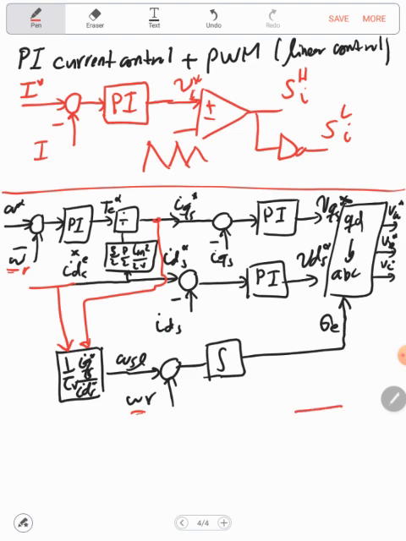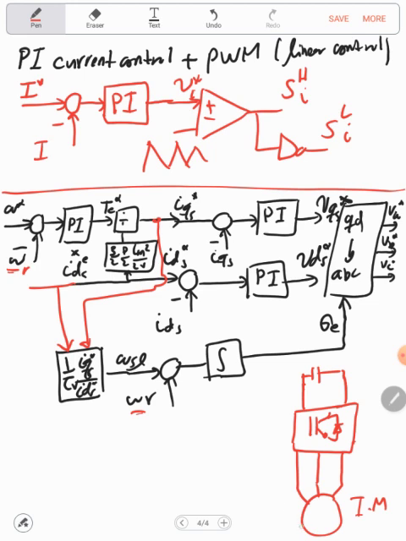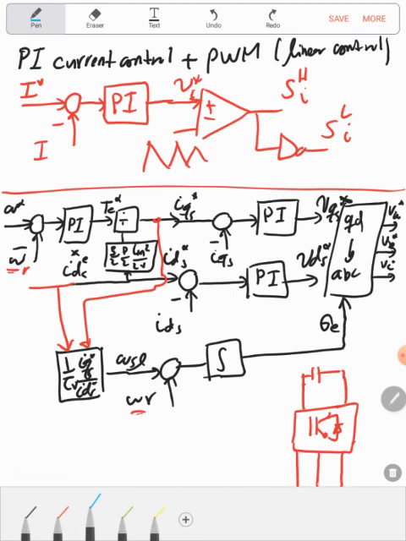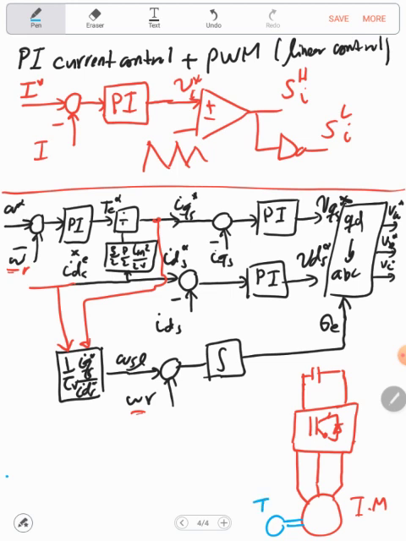Now if this is the inverter, here we are using a voltage source inverter, and this will be the induction machine, where in the first stage here we can measure the speed, with a tacho generator, and the speed can be connected here and here, after multiplication by P over 2.